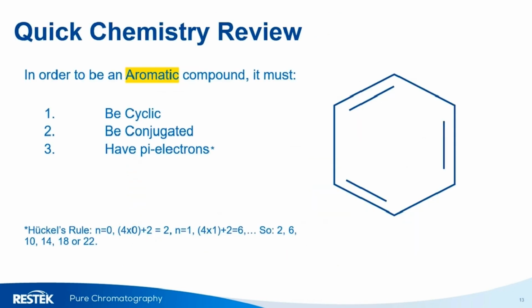As I mentioned, biphenyl is great for aromatic retention, but what does it mean to be aromatic? First, the compound must be cyclic, it must be conjugated, and it must have pi electrons.